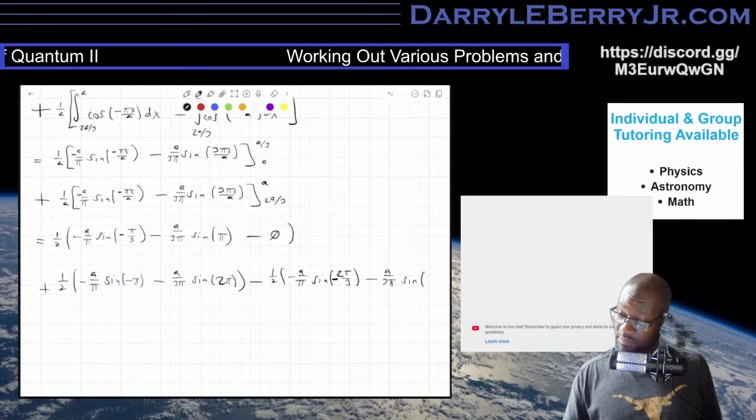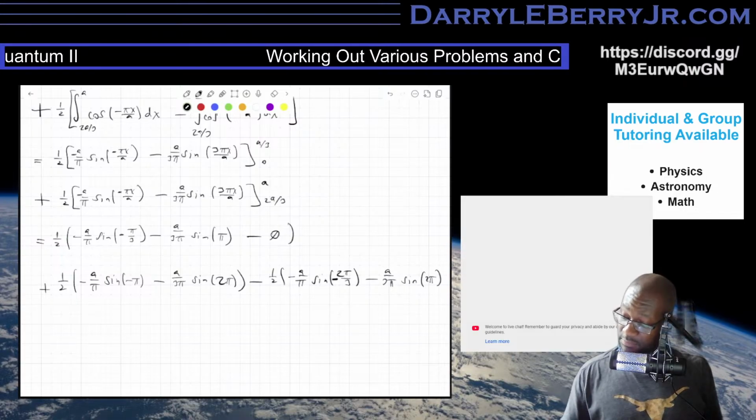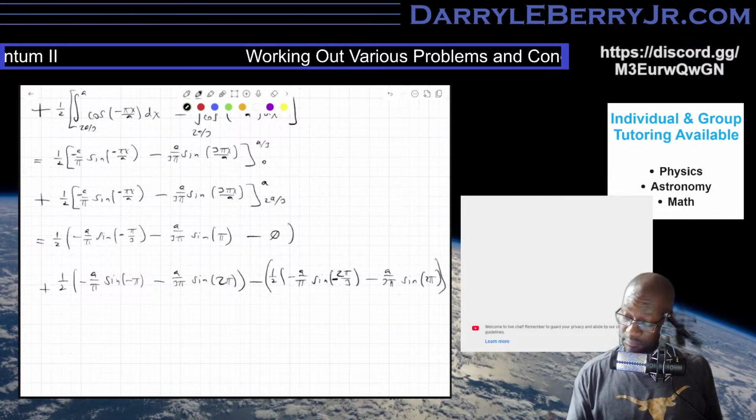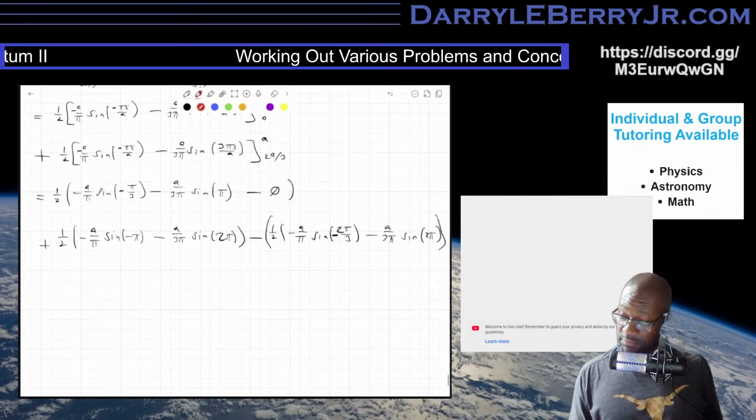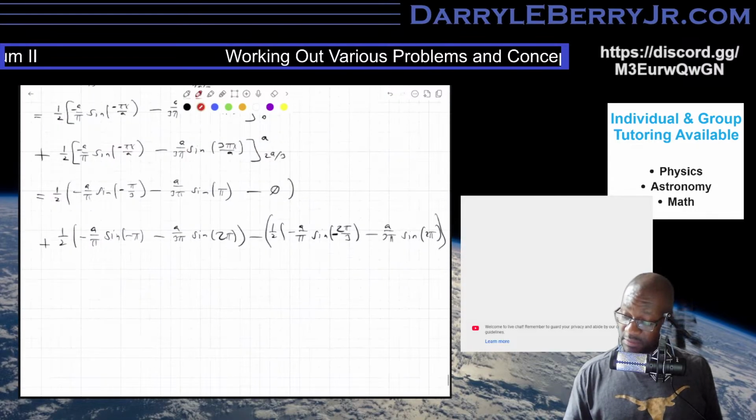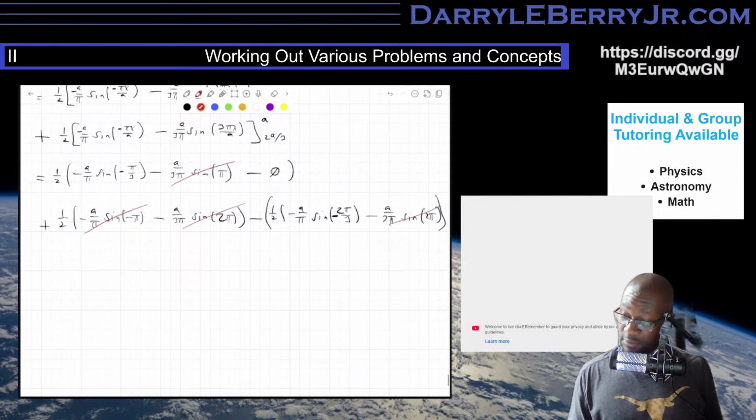The 3 cancels, the a cancels, so that's 2 pi. So sine of pi is 0, sine of negative pi is 0, this is 0, this is 0.